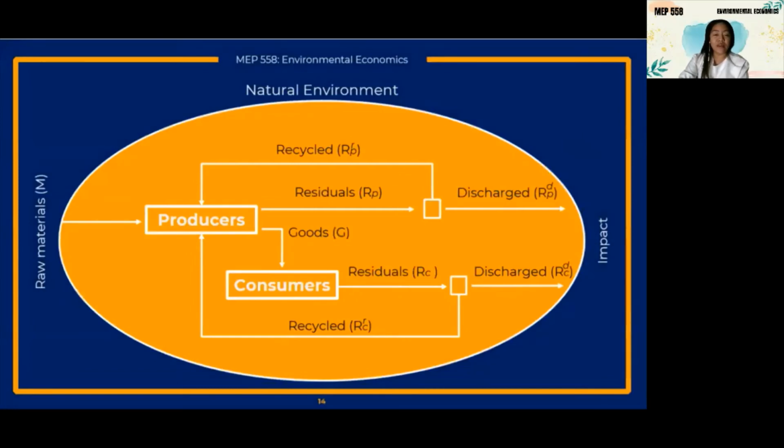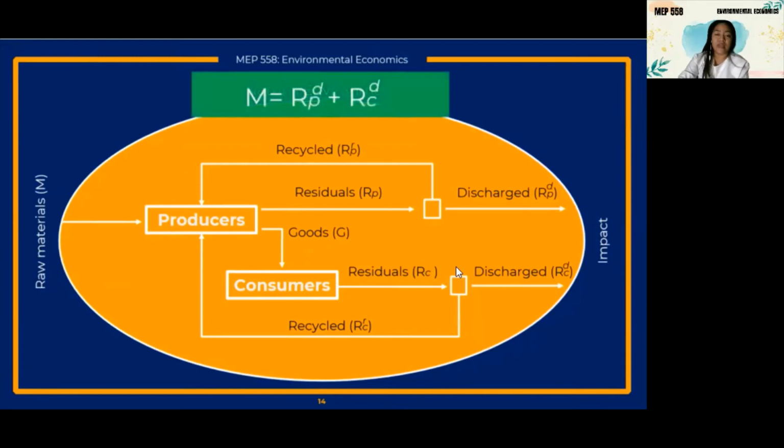To make these direct comparisons, all flow must be expressed in terms of mass. So mass of raw materials. In terms of symbol, it is represented with M equals the rate of the discharge by the producers and the rate of discharge by the consumers.